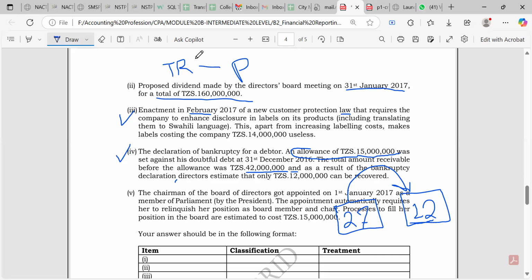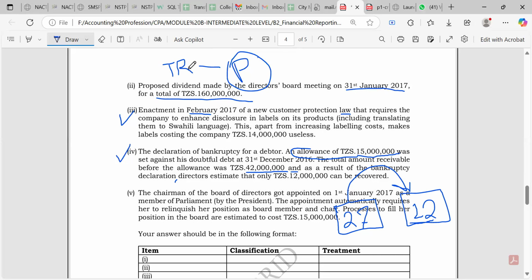So in reality, we reduce this one, but when you say you have increased the allowance, it means you have actually reduced the receivables. So instead of saying we reduce trade receivables by 15, you speak the reverse and say we increase the allowance for bad debts by 15. Ultimately it would mean you reduce trade receivables by 15. So you say you increase the provision for bad debts by 15.